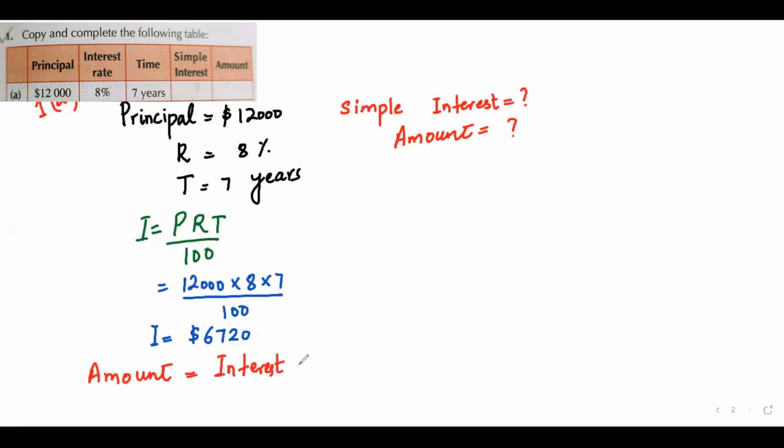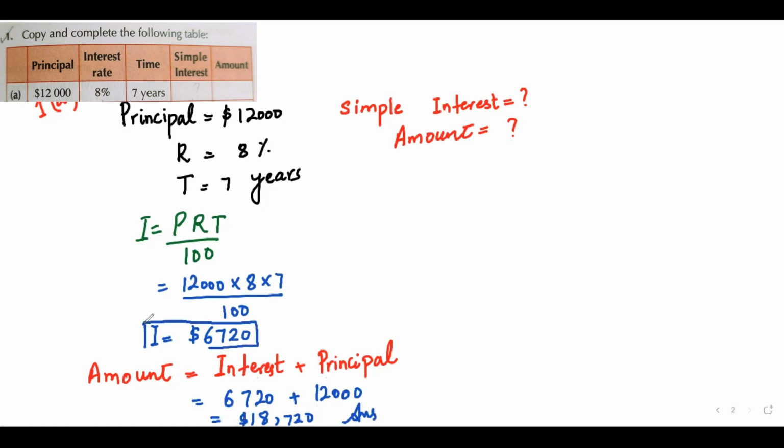The simple interest is 6,720 and the principal is 12,000. Add these two values and you get the final answer, $18,720. This is the second answer, and the first answer of your question is the interest.